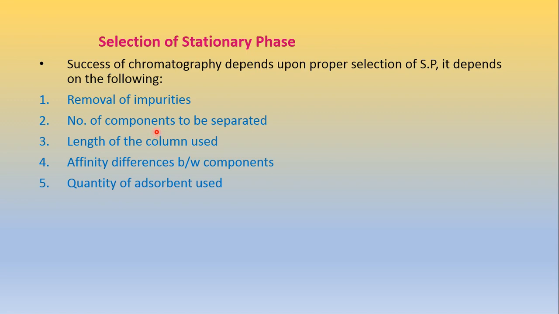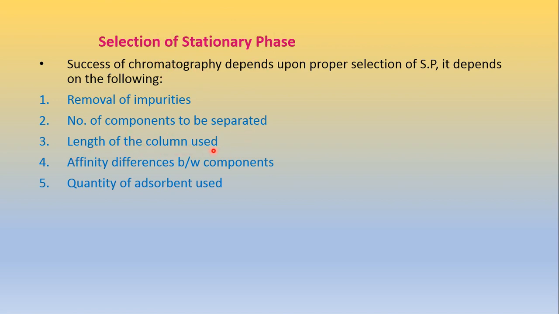Generally, for a high number of sample components we choose a stationary phase with very good surface area and small particle size, which efficiently separates all these components, and some specific stationary phases which are functionalized with organic compounds or other chemical moieties could be used for a specific type of components.